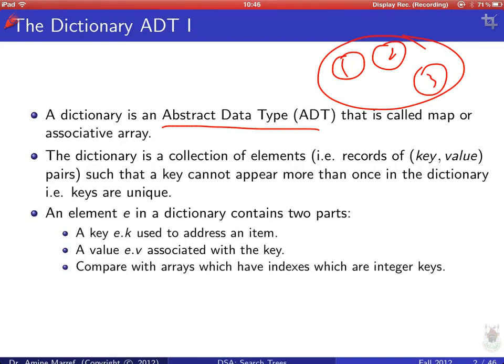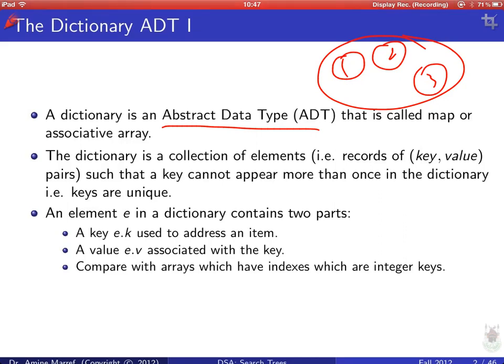If you remember, at the beginning of the sorting lecture we said that what we want to sort are elements. Each element is identified by its key, and it has a value as well. For example, elements can be students.